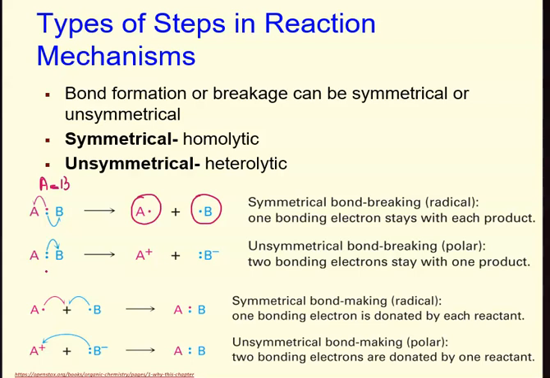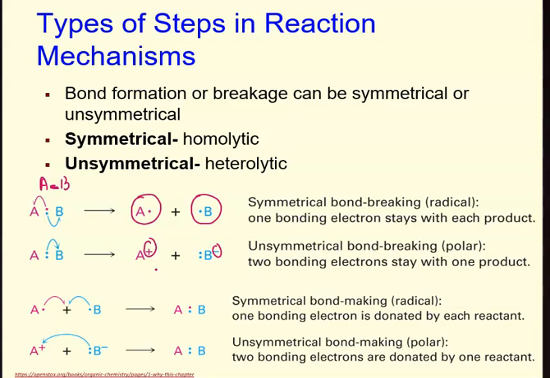On the other hand, if you look at the second example, because of the difference in electronegativity between A and B, B being more electronegative than A, the pair of electrons is carried away by B, as a result of which A gets a positive charge and B gets a negative charge. This unsymmetrical bond breaking results in a polar reaction, because we have created poles now, a positive pole and a negative pole.